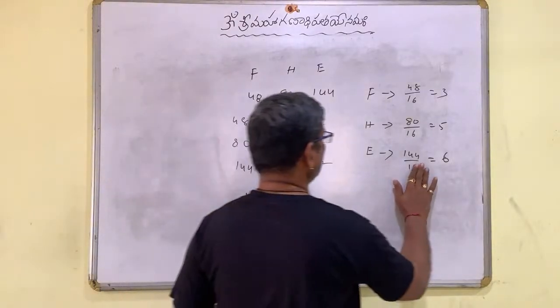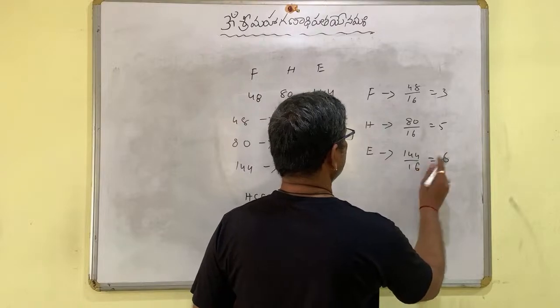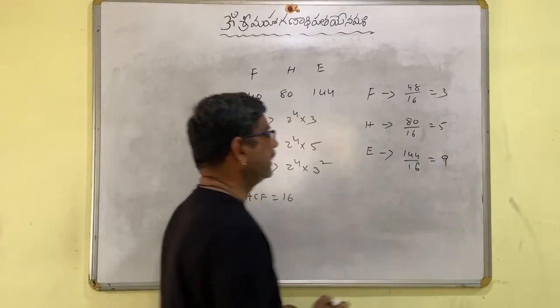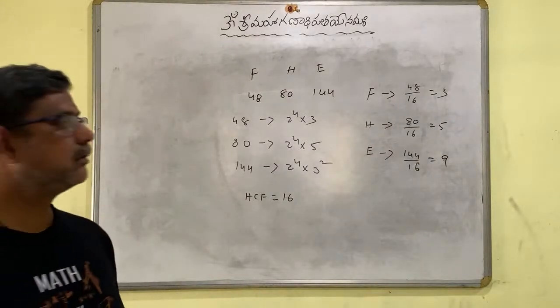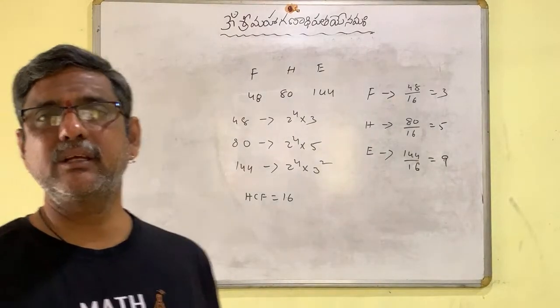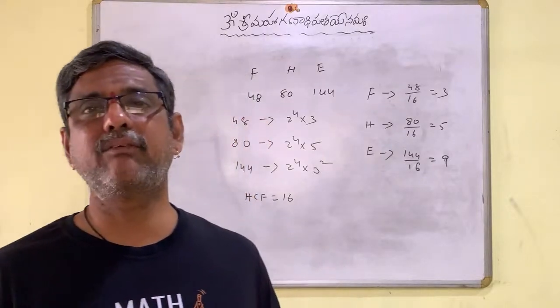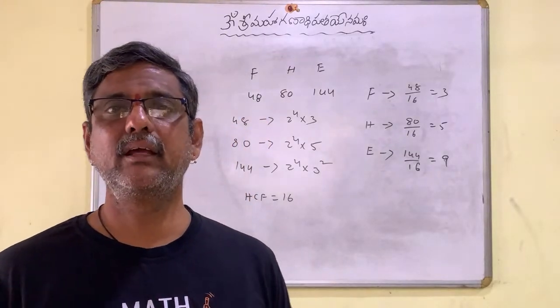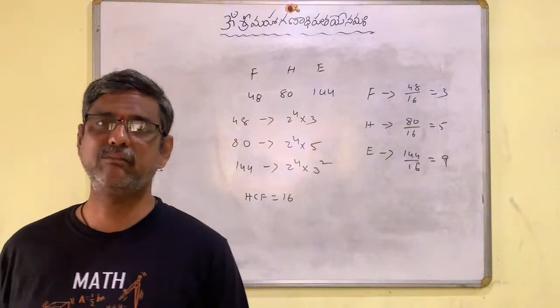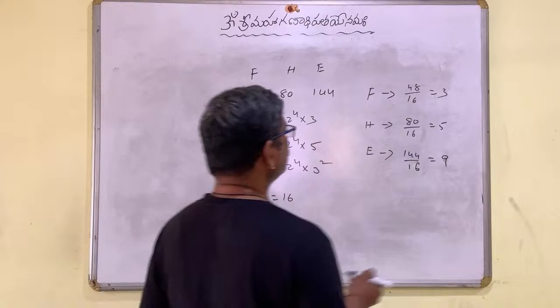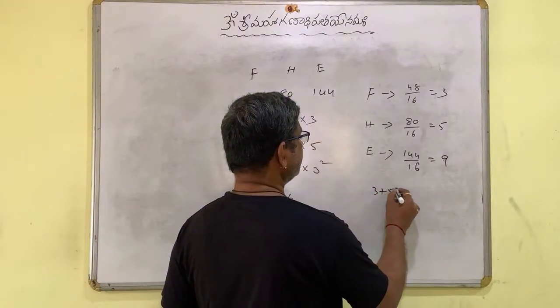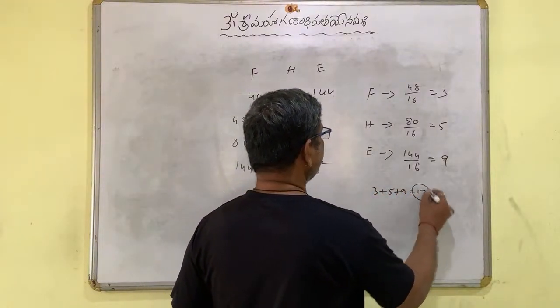And 144 by 16, which is 9. So for English language, total 144 teachers are there, in each room 16 teachers, we must have 9 rooms. So the total number of rooms required is 3 plus 5 plus 9, 17 rooms.